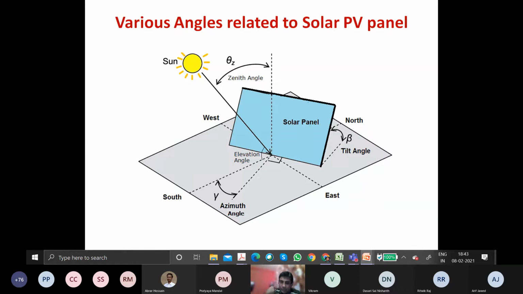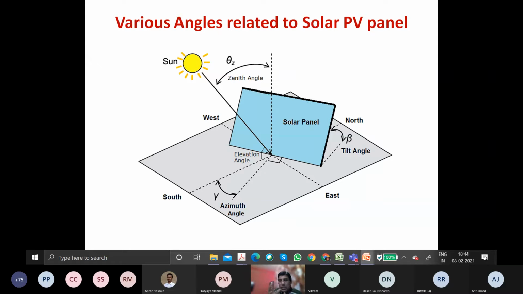The zenith angle changes with the season. In the summertime, the zenith angle is lesser, and in the winter time it is more. In summer the sun is almost overhead, but in winter the sun has a larger zenith angle. So the sun trajectory is like semicircles, at a different angle from the zenith depending upon the season.